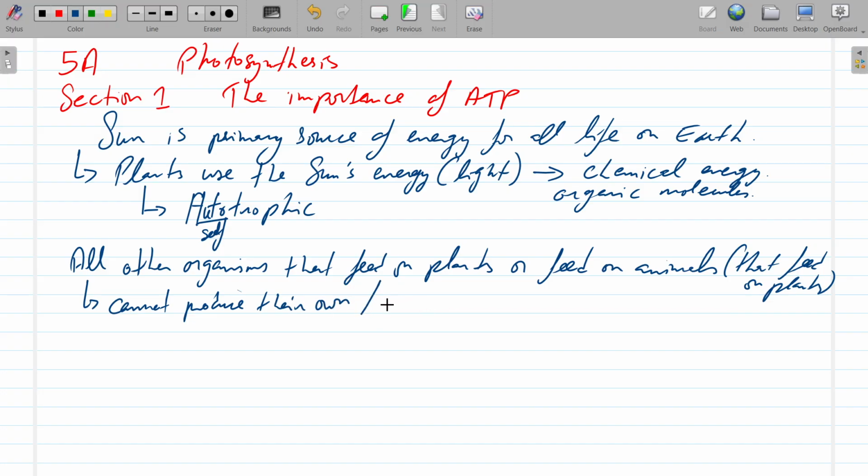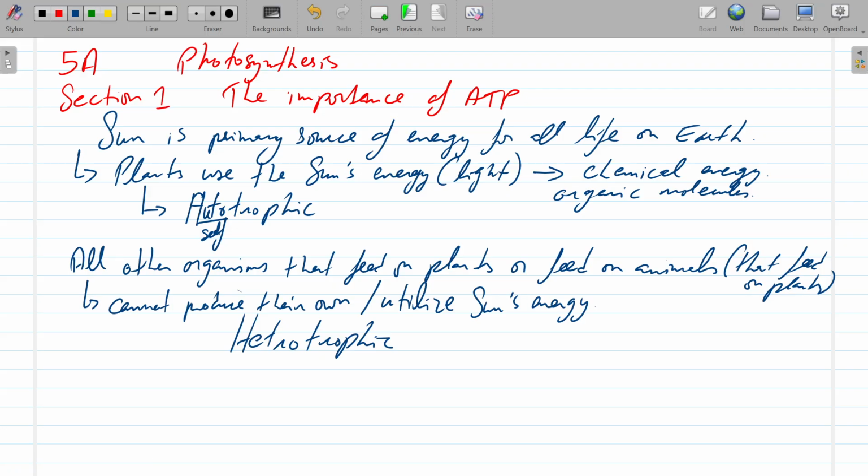Or in other words, they cannot utilize the energy from the sun. And so these are called heterotrophs. So they're dependent on other organisms for their energy source. All right.